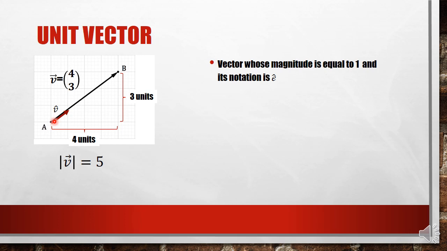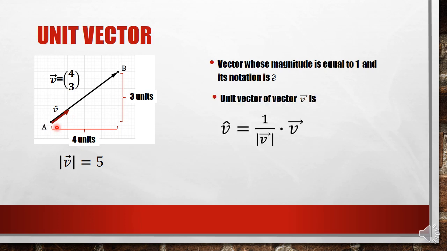How to get this? You just divide the vector by its magnitude, by 5. Then you get a unit vector with the same direction as v, and the magnitude is 1.